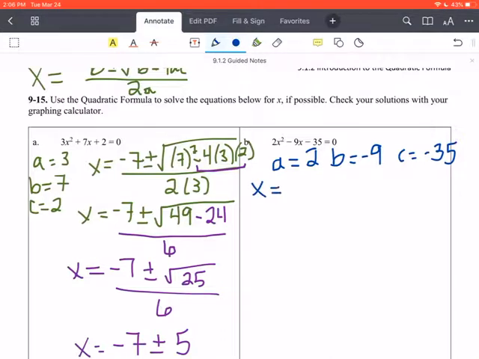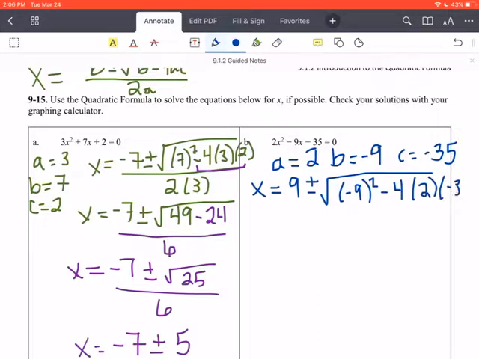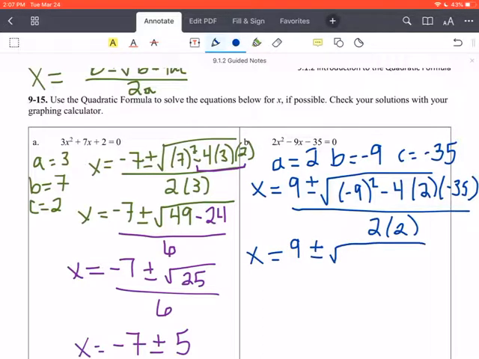X equals, the opposite of -9 is +9, plus or minus the square root of, put that B in parentheses, so -9, we're going to square it, minus 4 times 2 times -35. All of this right-hand side is over 2 times 2, because 2 is A. So we have x equals 9 plus or minus the square root of, we have -9 squared is 81.